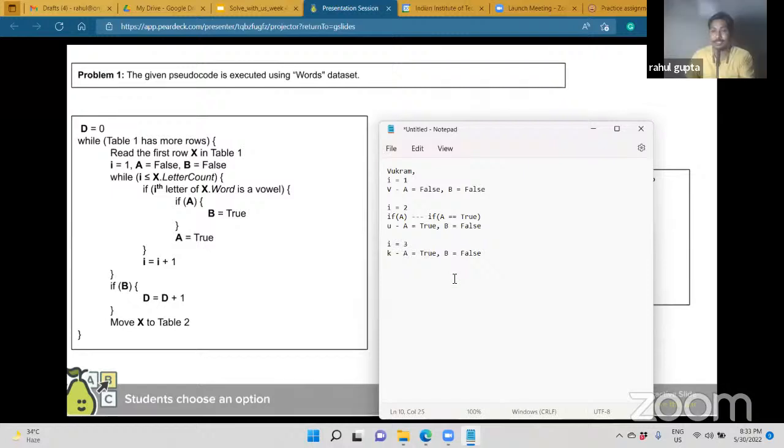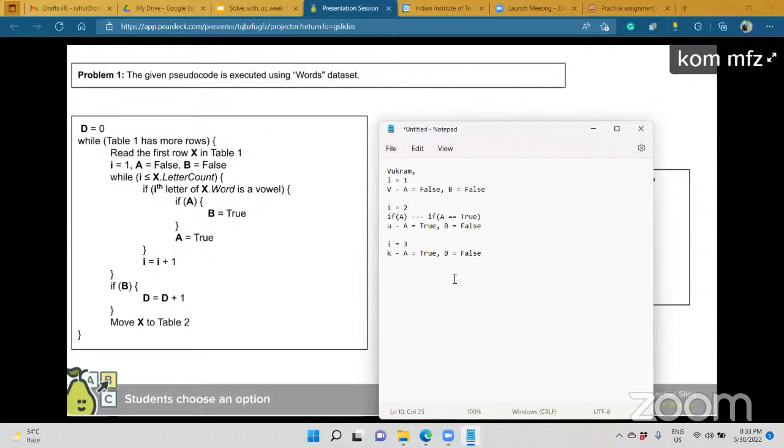Whenever another vowel comes, it will enter the loop and B will be true. Then we can increase the count. Very tricky, nice program.